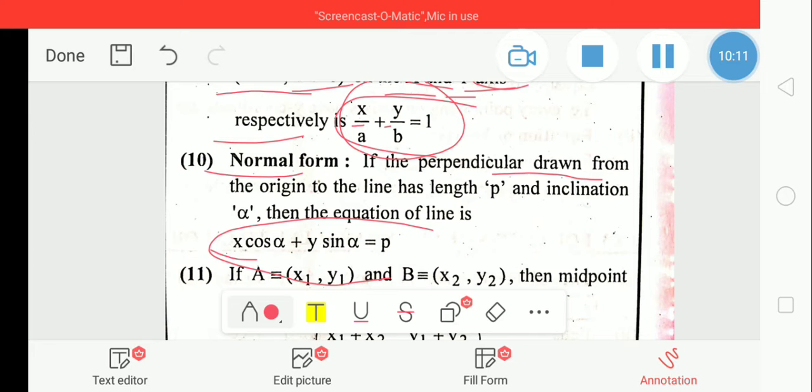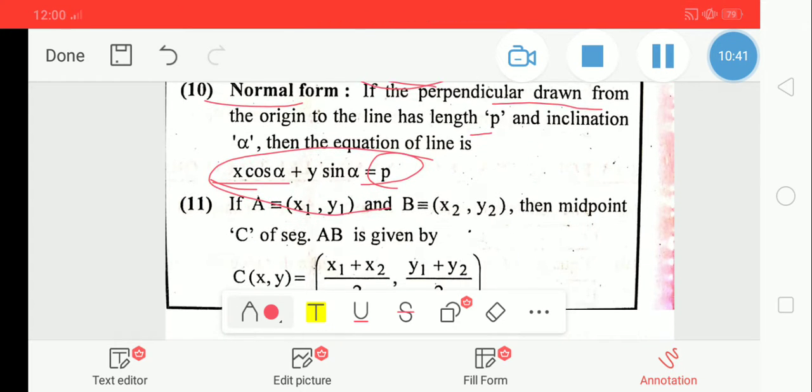If the perpendicular drawn from the origin to the line has length p and inclination alpha, then the equation of the line is x cos of alpha plus y sin of alpha is equal to p. Here p is the length of the perpendicular from the origin to the line.